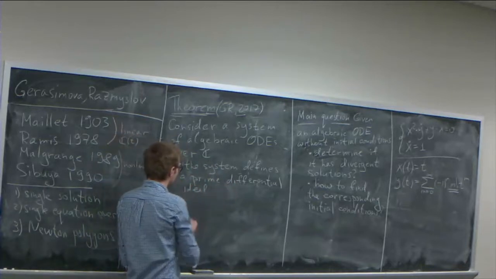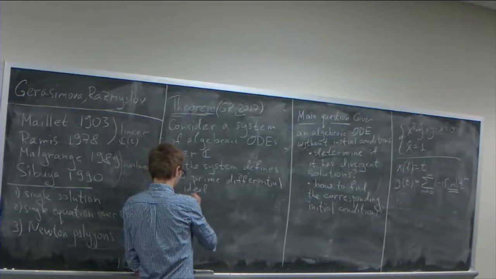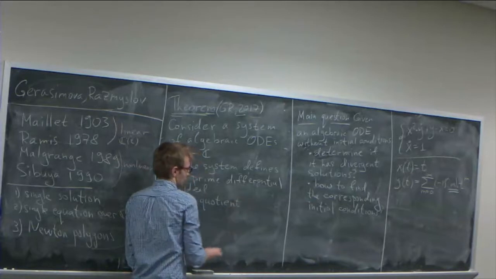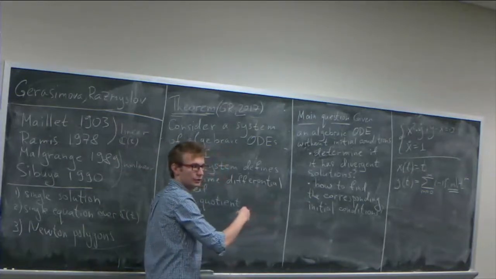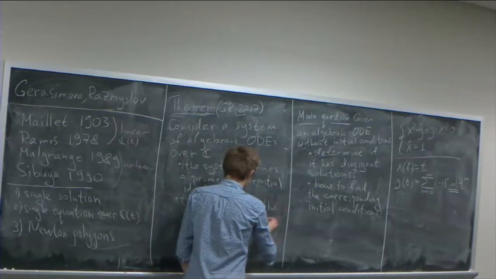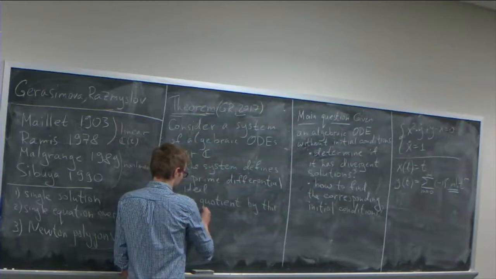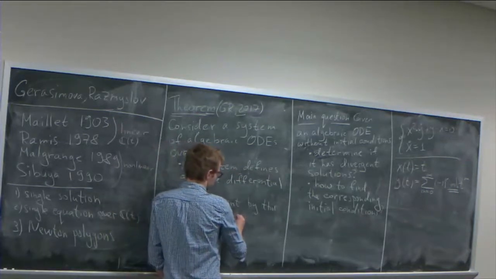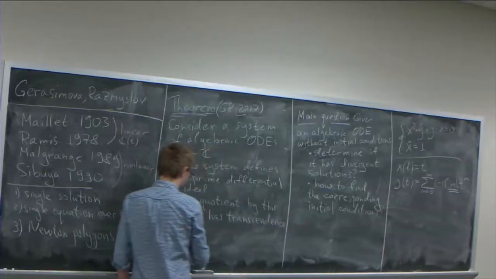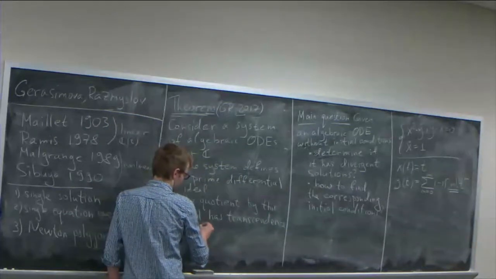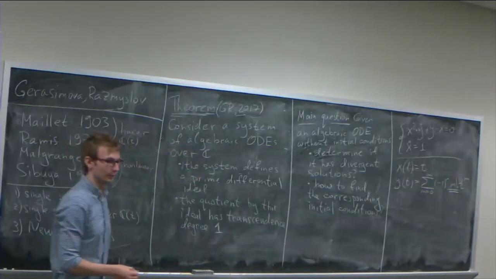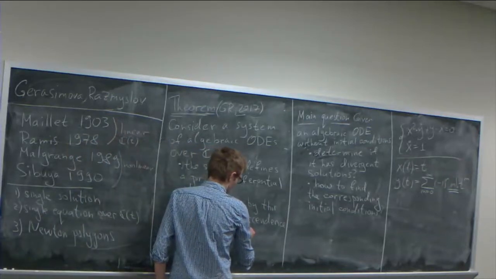And another thing is that the quotient by this ideal of the ring of differential polynomials has transcendence degree one over C. Over C. What about C of T?